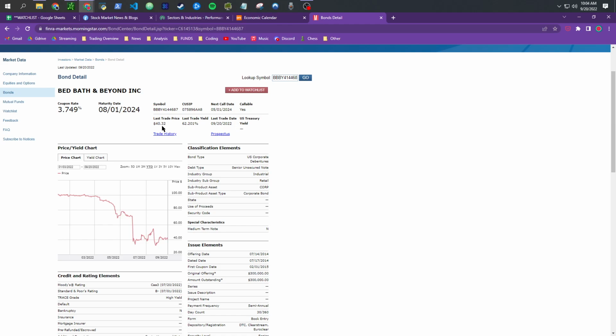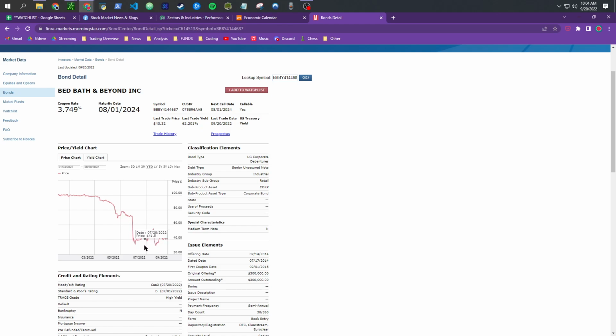Let's see, 40 cents on the dollar. That's not a good sign, especially when you have less than 2 years left. I mean, one way you could see it is maybe this is close to the percentage chance that the company just goes under, right? Like they default on their debt.